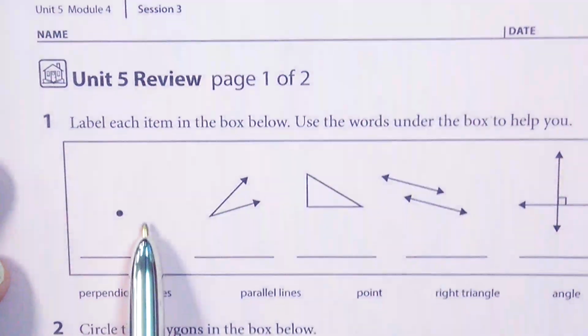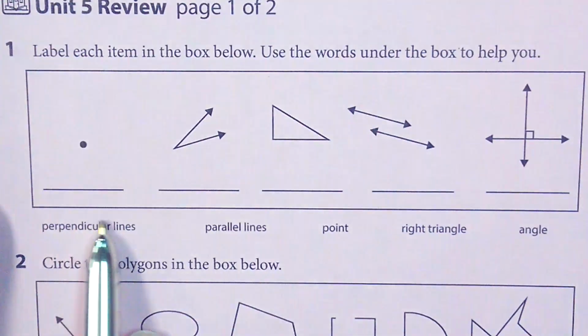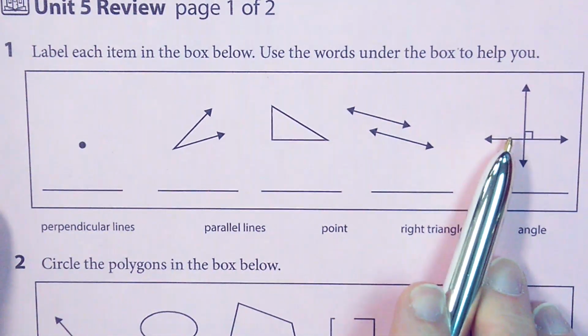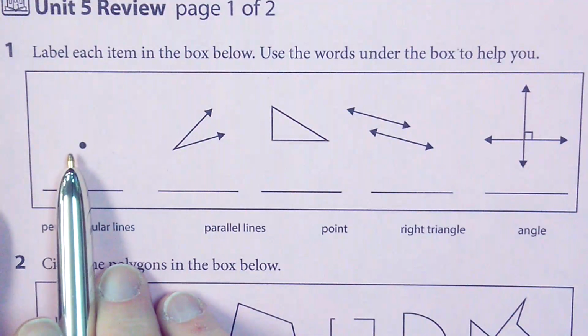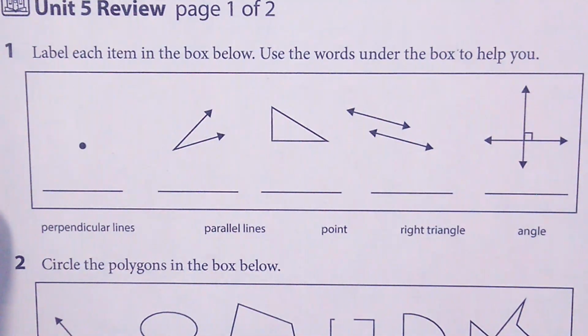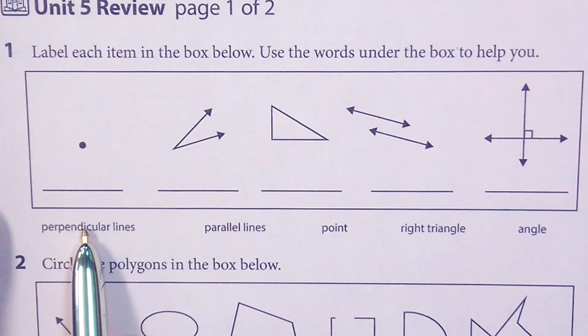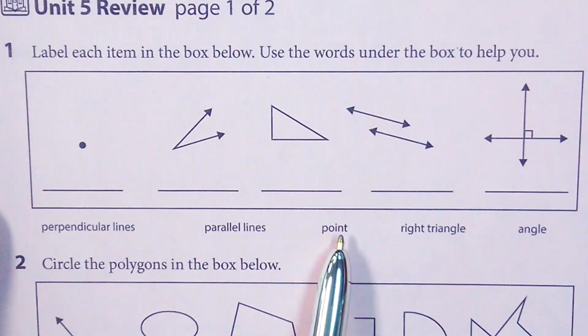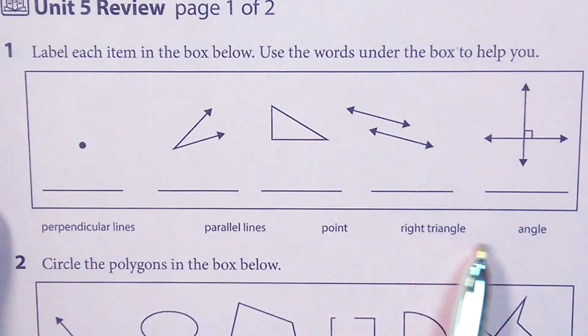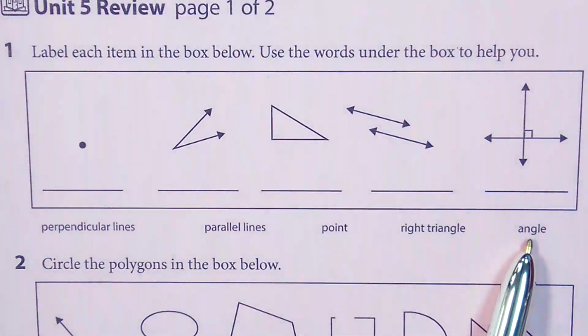Looks like you are going to match the words below the box with the lines and shapes that you see here. So you're going to be trying to figure out which is perpendicular, which is parallel, where's a point, where's a right angle, and what's just a plain old angle.